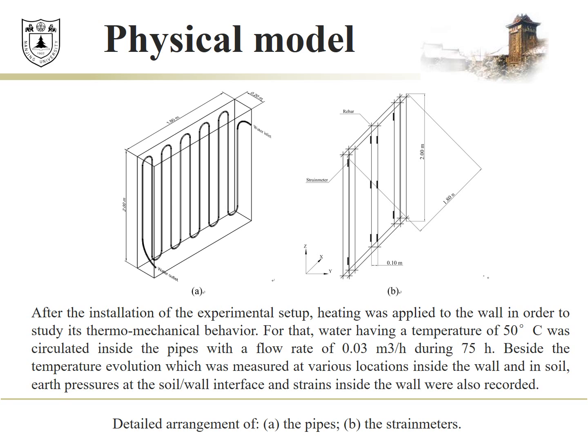For that, water having a temperature of 50 degrees was circulated inside the pipes with a flow rate of 0.03 cubic meter per hour during 75 hours. Besides the temperature evolution, which was measured at various locations inside the wall and in soil, earth pressure at the soil-wall interface and strains inside the wall were also recorded.